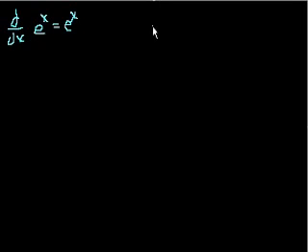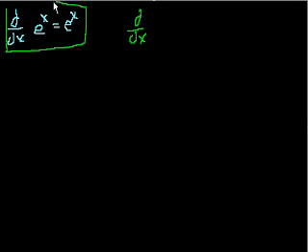So how are we going to prove this? Well, we already proved, I actually just did it right before starting this video, that the derivative of ln of x is equal to 1 over x. Some people actually call this the definition of e. They go the other way around. They say there's some number for which this is true, and we call that number e. So it can almost be viewed as a little bit circular.